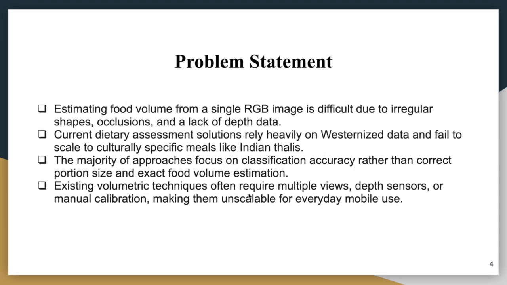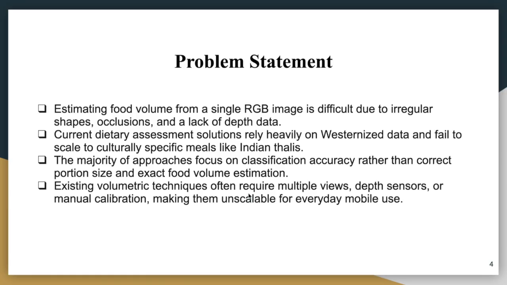So the problem that arises is that estimating food volume from a single RGB image becomes difficult due to irregular shapes and lack of depth data. And currently, dietary assessment solutions rely heavily on westernized data and fail to scale to culturally specific meals like Indian thalis.